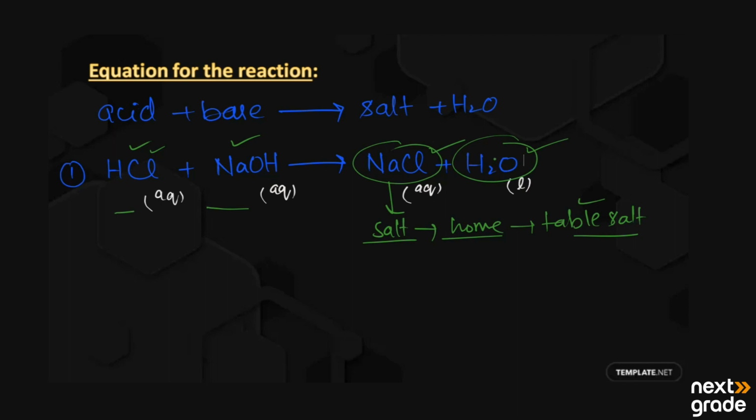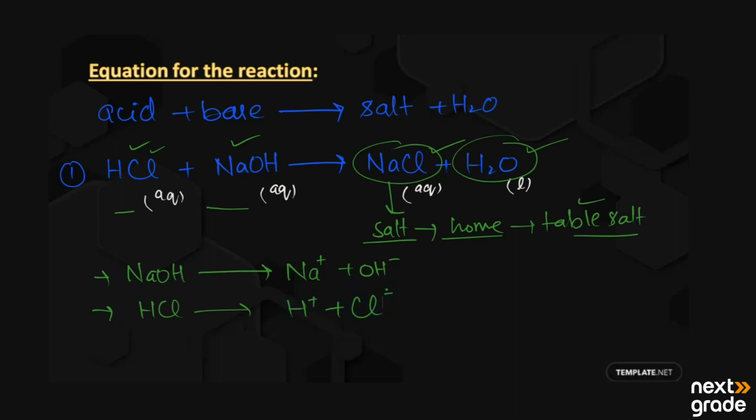This is water. In this reaction, first we have sodium hydroxide. When it ionizes in water, it produces two types of ions, sodium ions and hydroxide ions. On the other hand, when HCl is ionized, it produces two types of ions, H positive ions and chloride ions.